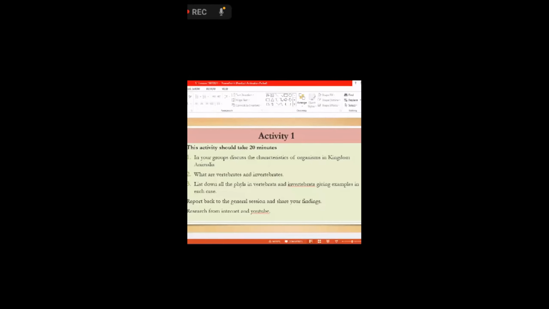Very good. Is the sponges the name of the phylum or an example? Sponges are examples of poriferans. Thank you very much for that. Members, unless you have a different answer, we move to another phylum.